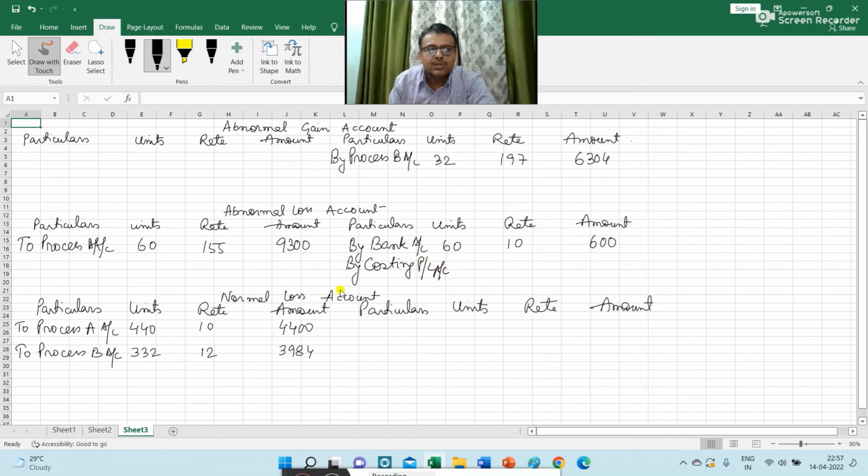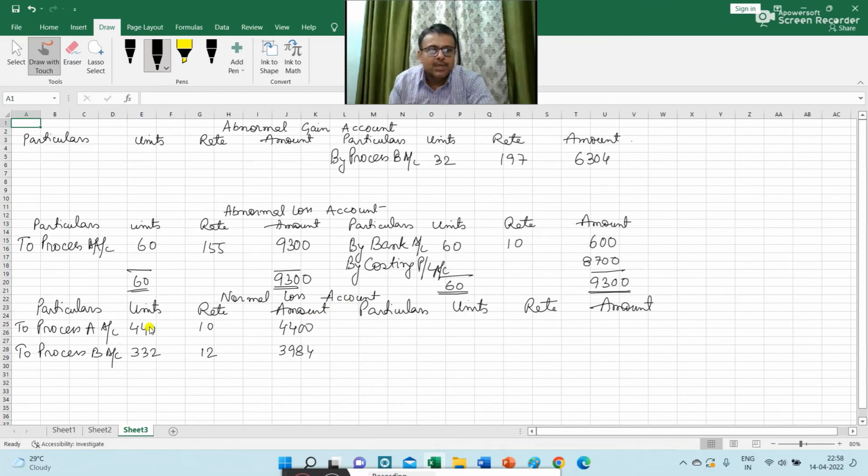So by costing profit and loss account. So here I am writing 60 units, 9,300 amount on the debit side, and here I am writing 60 and 9,300. So what is the amount that will be transferred to costing PL account? This is 8,700. Clear?